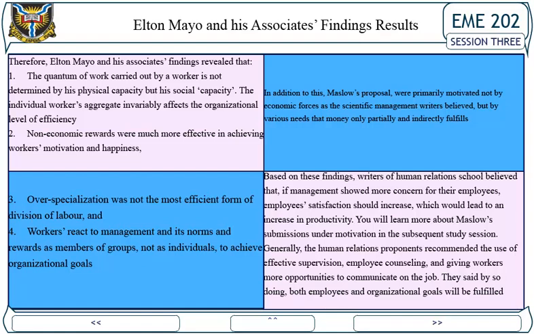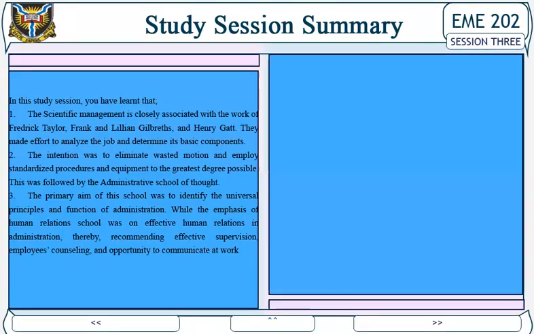The human relations school is sometimes called the neoclassical school because it rose in reaction to shortcomings of the classical approach. The major contributors to the human relations school were Mary Parker Follett and Elton Mayo.